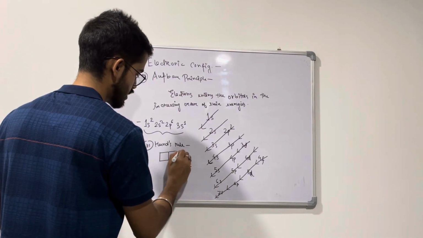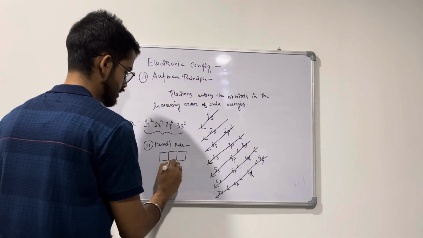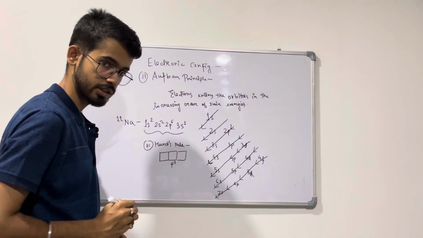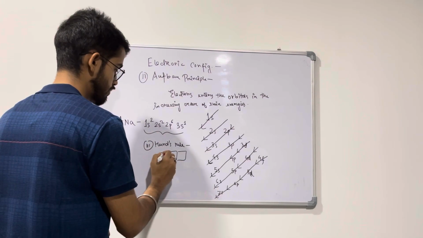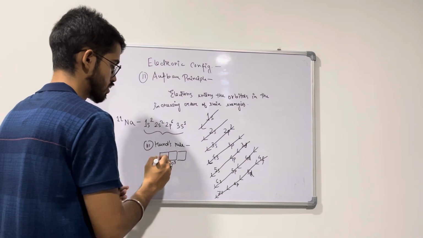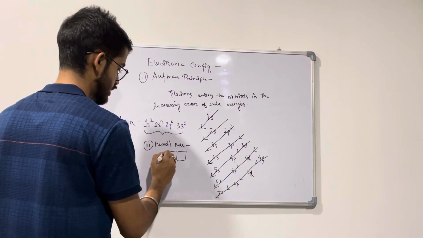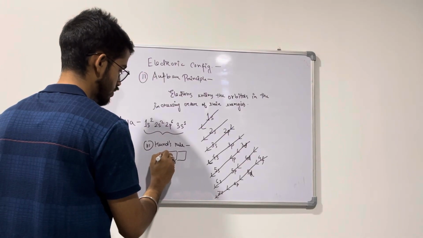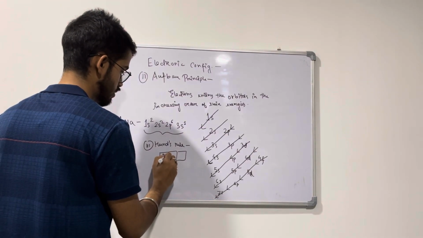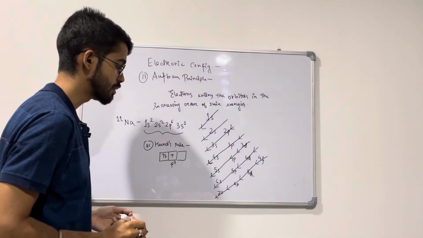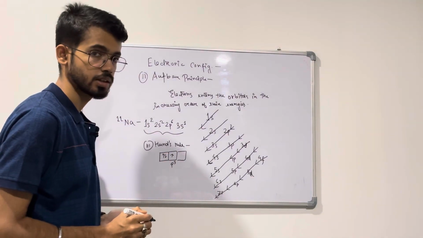Hund's rule says that, let's say this is a p orbital containing 3 orbitals. If you now start to fill these p orbitals, you cannot fill 1, 2, 3 in one orbital, because this will create imbalance or instability.